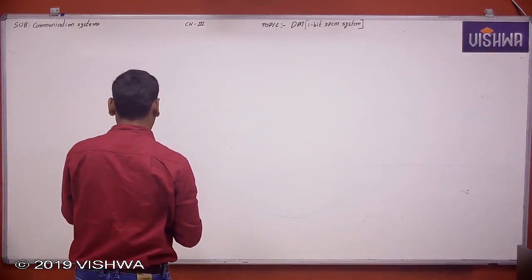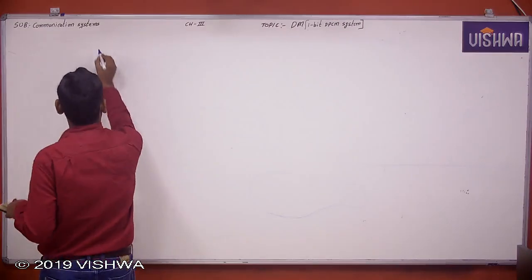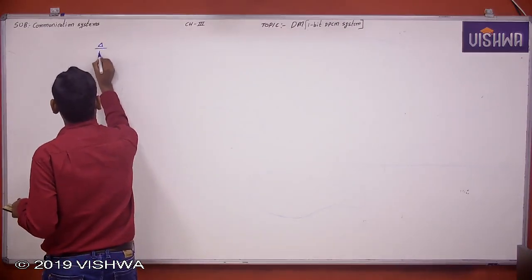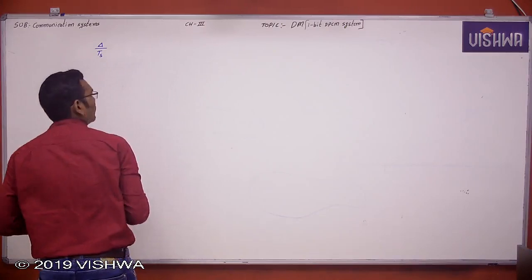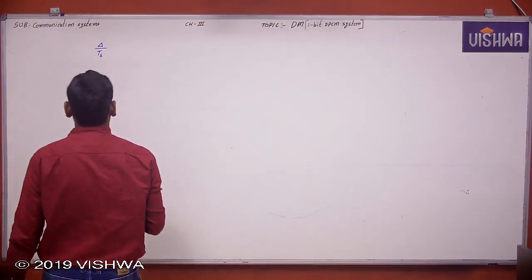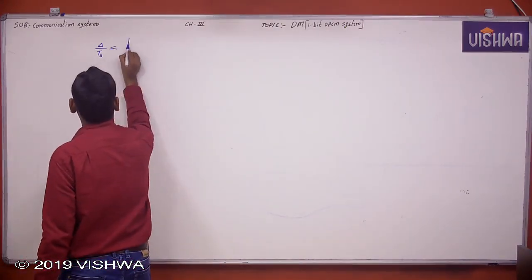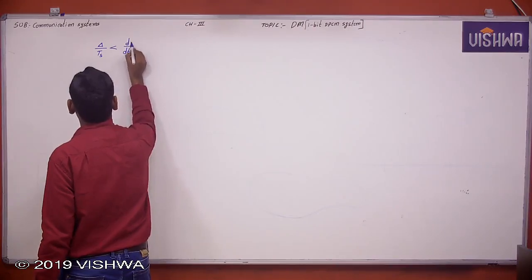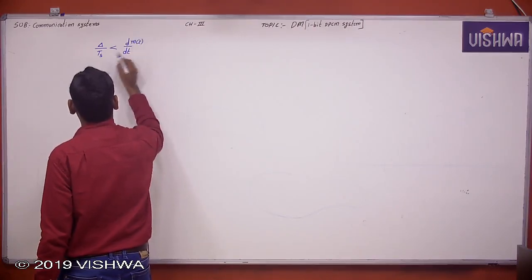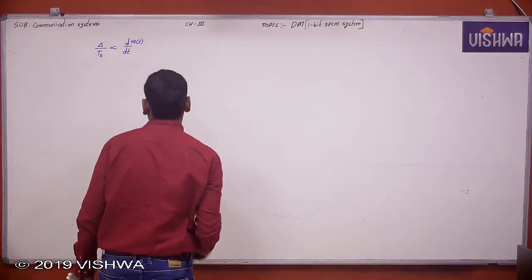Now, if the slope of the reconstructed signal is less than the slope of the original message signal, the staircase, all these cases I am explaining in that particular encoder.